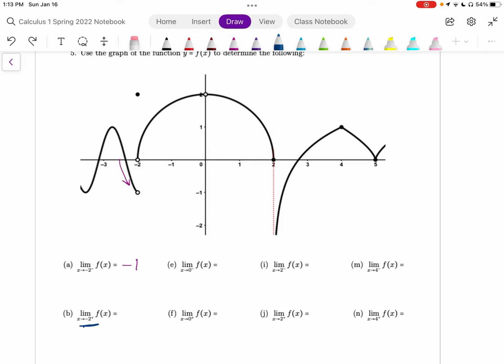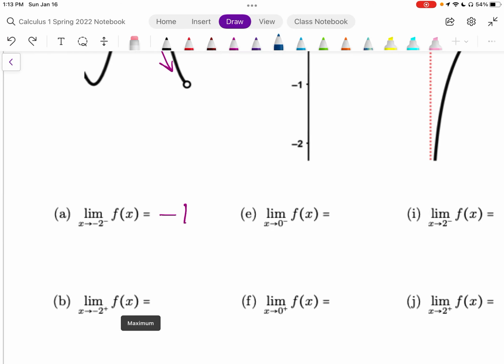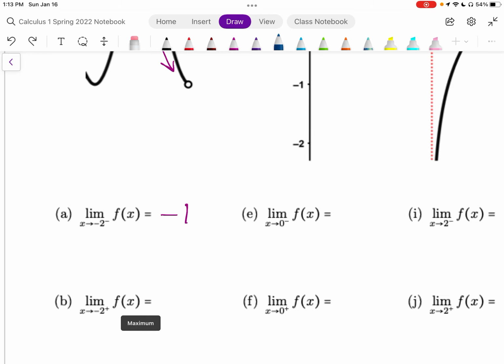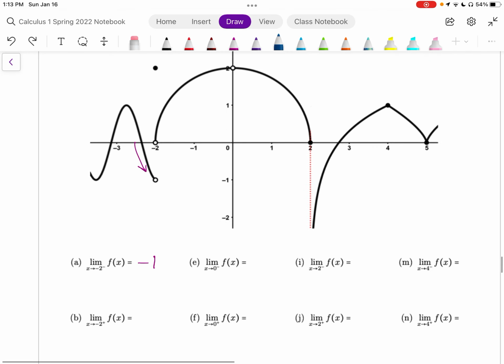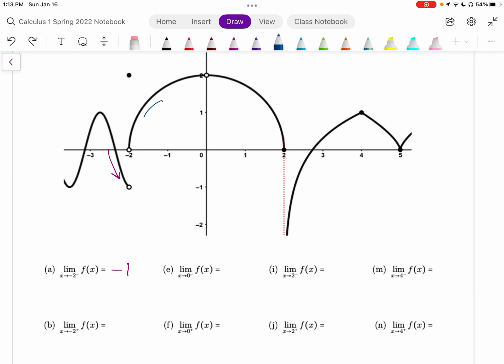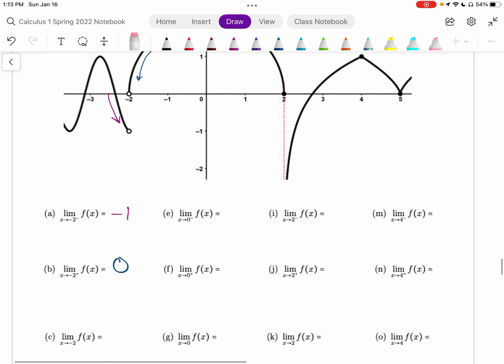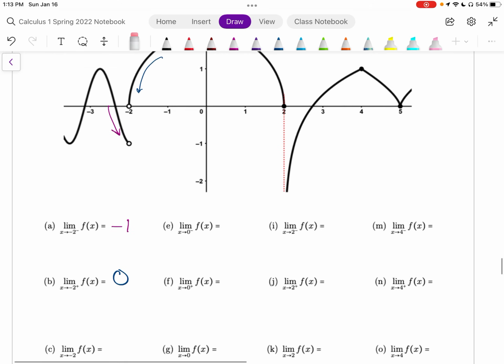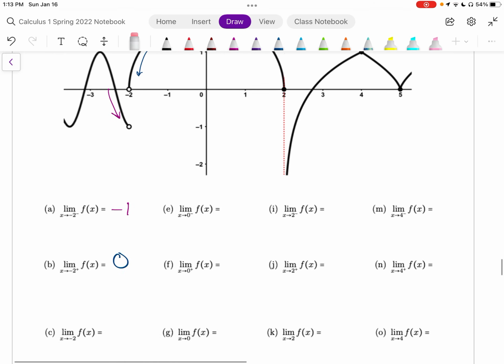So I'm looking at B. Coming in from the right, so x approaches -2 from the right. So we're coming into -2 from the right, and we are approaching 0. Okay, so 0. So now the next question asks, what is the limit as x approaches -2? Well, they're different. B and C are different.